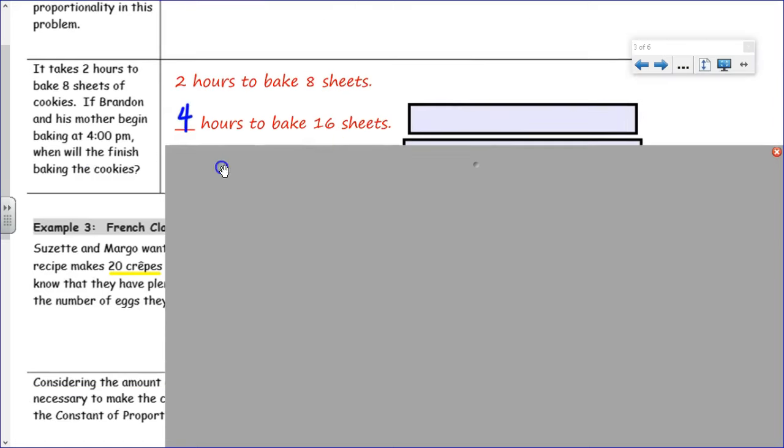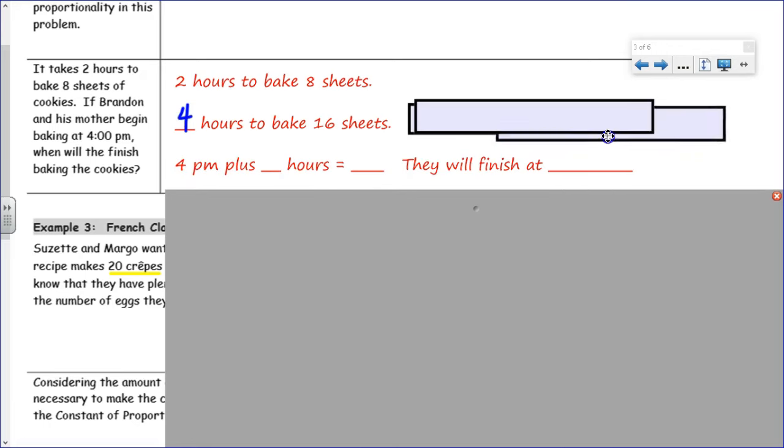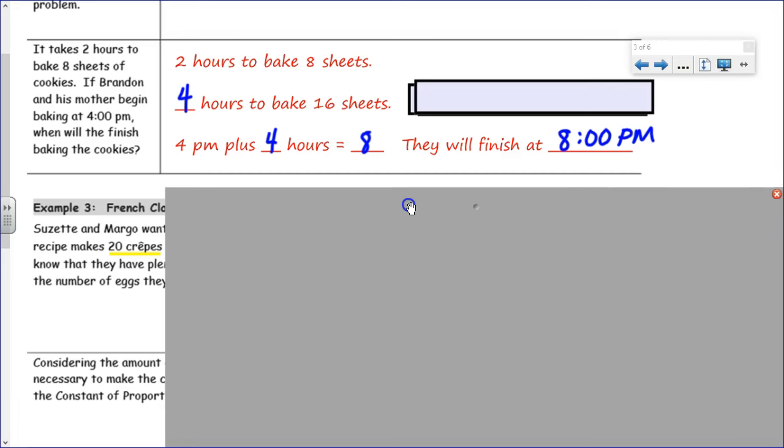So at what time will she be done? Or they. Brandon's going to help his mom, of course. 4 p.m. plus 4 hours equals 8. So they will finish at 8 o'clock p.m. Way to go, Brandon and his mom. They just made 288 cookies.